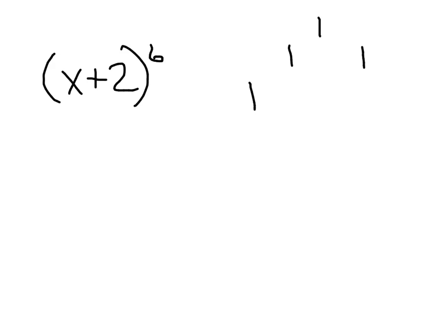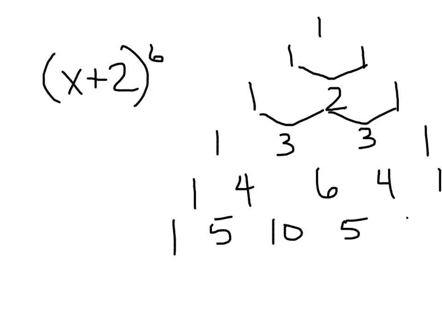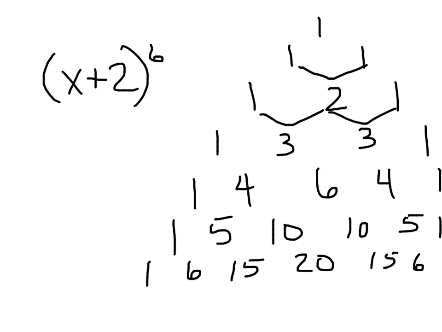Then he kept going with 1s on the outside, but he took 1 plus 1 to make it 2. 1 and 1 on the outside again. 1 plus 2 is 3. 2 plus 1 is 3. And he just keeps going. 4, 6, 4, 1, 1, 5, 10, 10, 5, 1, 1, 6, 15, 20, 15, 6, 1.